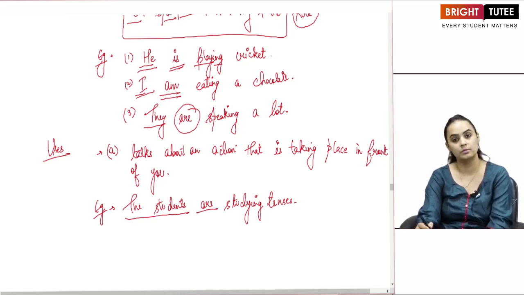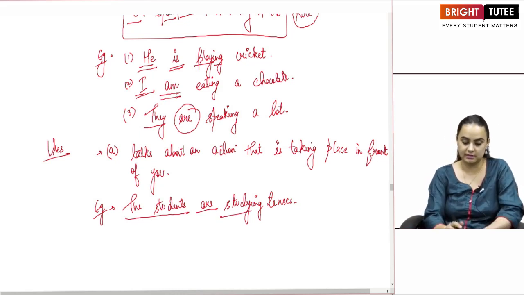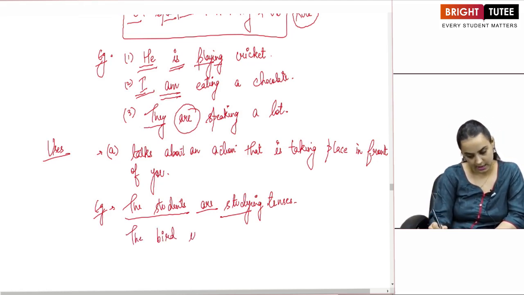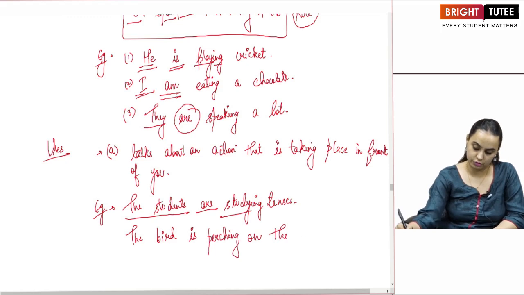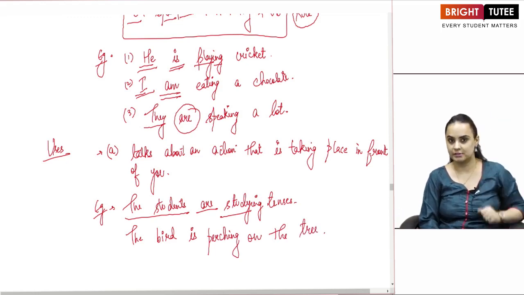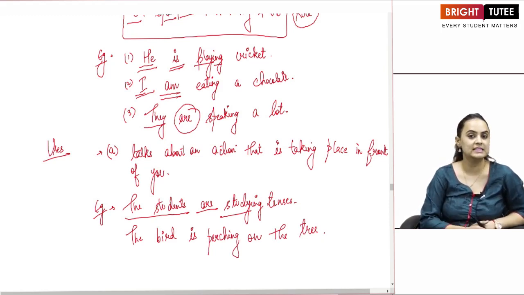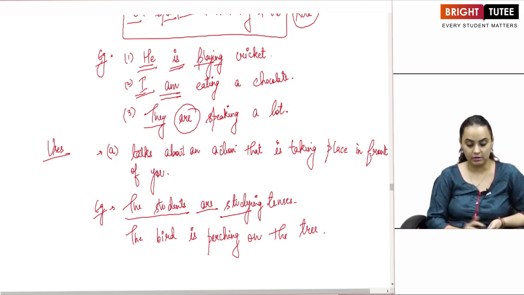Subject, verb's first form is study plus ing tense. If I give you another example, the bird is perching on the tree. Perching means to sit. So there is a bird in front of you and you can see that bird sitting on a tree. So I use the present continuous tense for that.